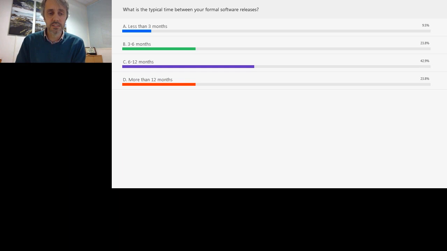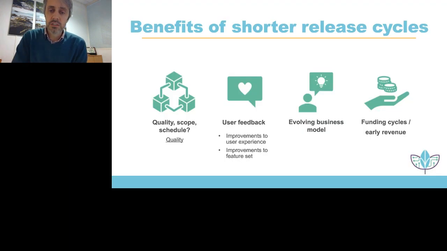So what benefits will you get from shorter release cycles? Well, there's many. Here's the big ones from our perspective. So first of all, quality. So this links back to the old adage around good, cheap, quick, pick two, or the project management iron triangle, or any of these project management paradigms you might have heard of.